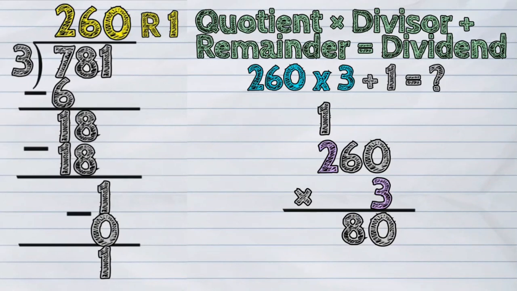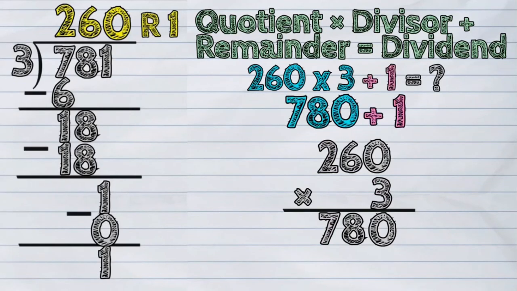Then add 1. This gives the answer of 7. Lastly, 780 plus 1 is 781.